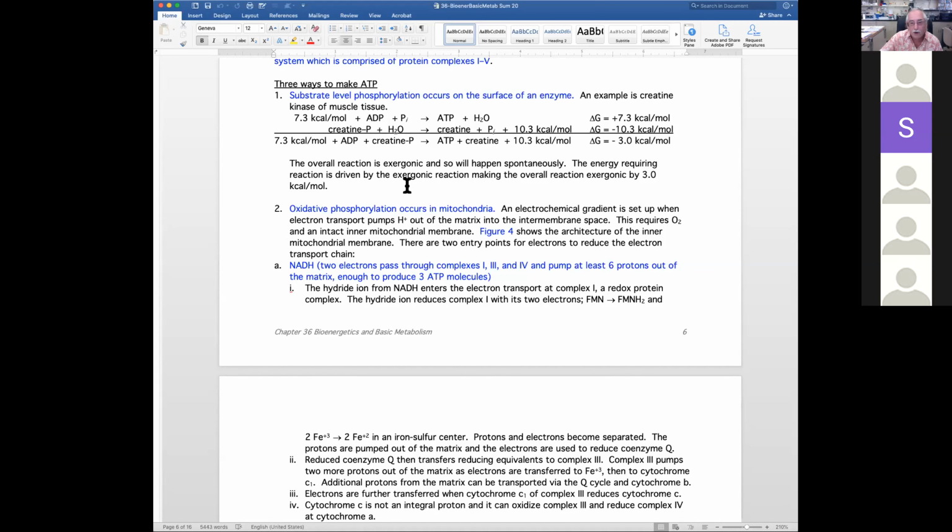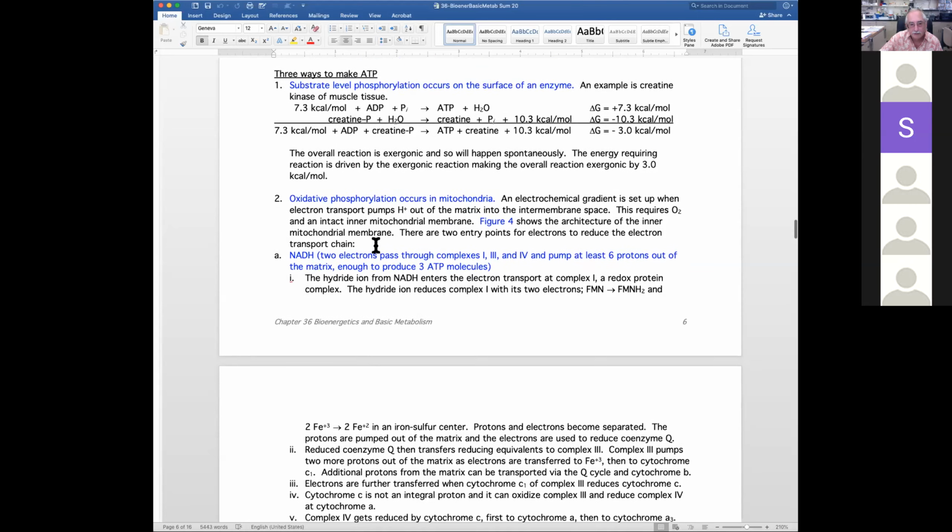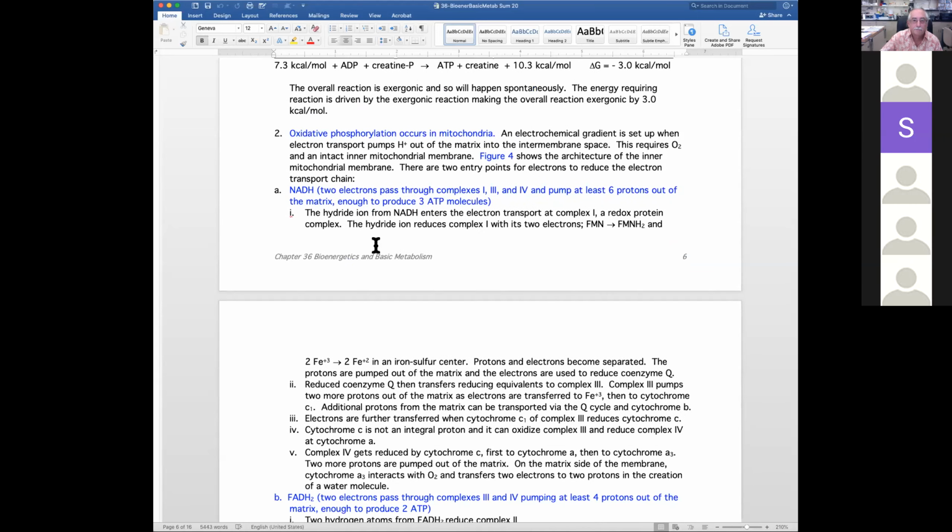I said it doesn't require oxygen to do that step, because it's not requiring electron transport to do that. And oxidative phosphorylation occurs in the mitochondria. So that's basically 2 huge steps. You can break it up into individual things.